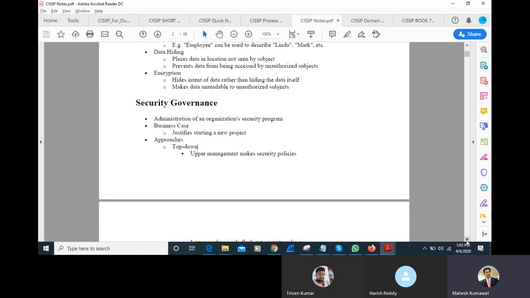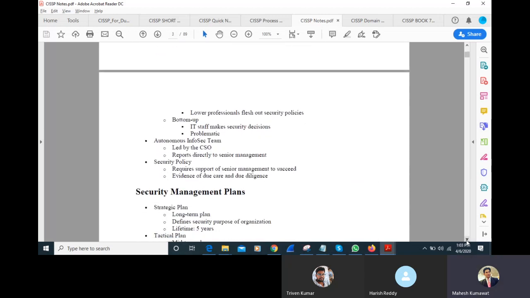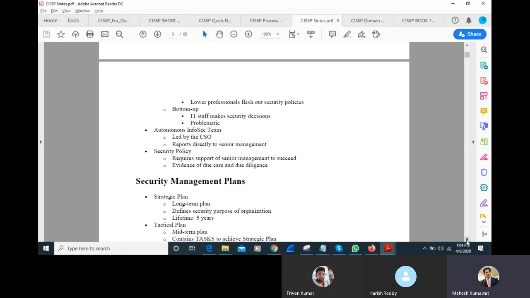So it is the responsibility of top management to create the policies, and lower officers flesh out the security policy. The CEO, the CTO, the officers create a policy, and the managers or the engineers flesh out the security details.